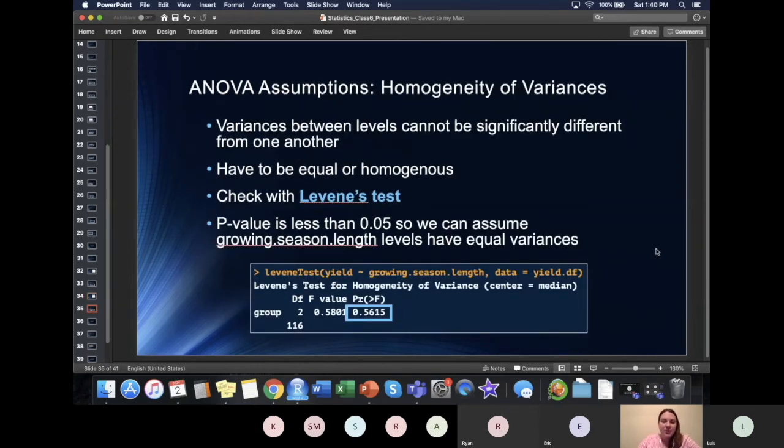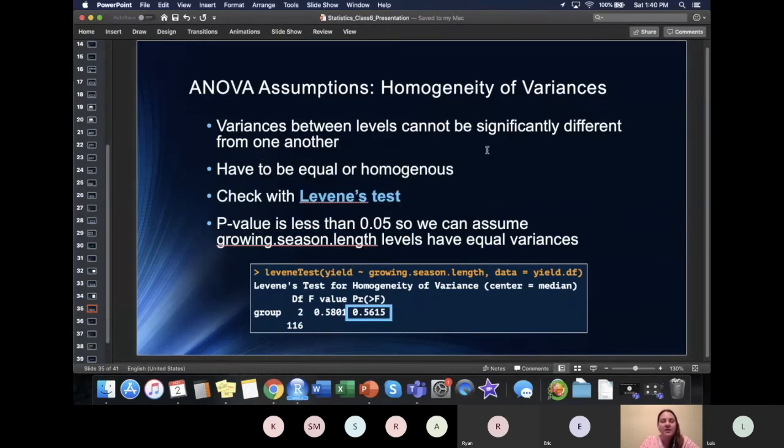The next assumption is homogeneity of variance. So in this case, we want to look if our variances between our groups are significantly different from one another. That's a problem for this ANOVA. They have to be similar. You can go back and look at the formula for variance. I believe it was one of the first slides.